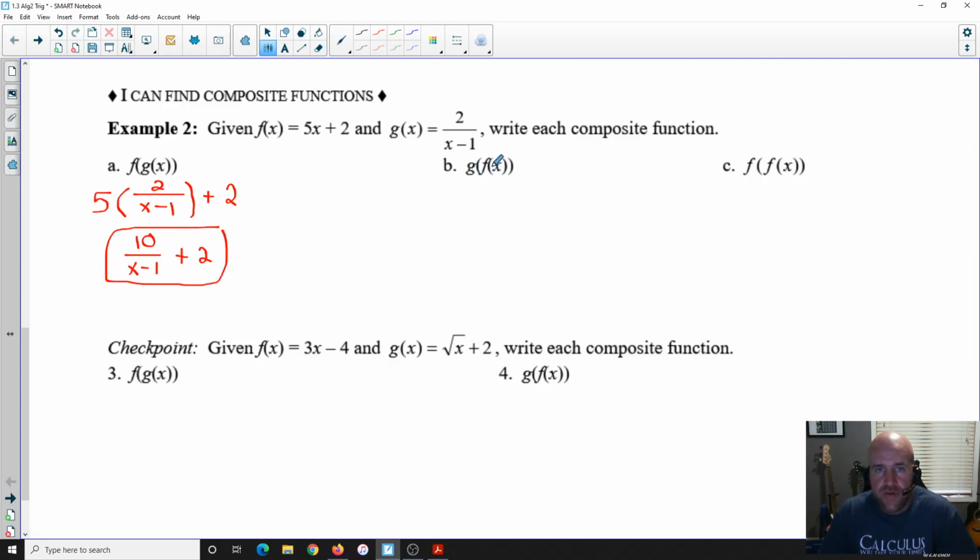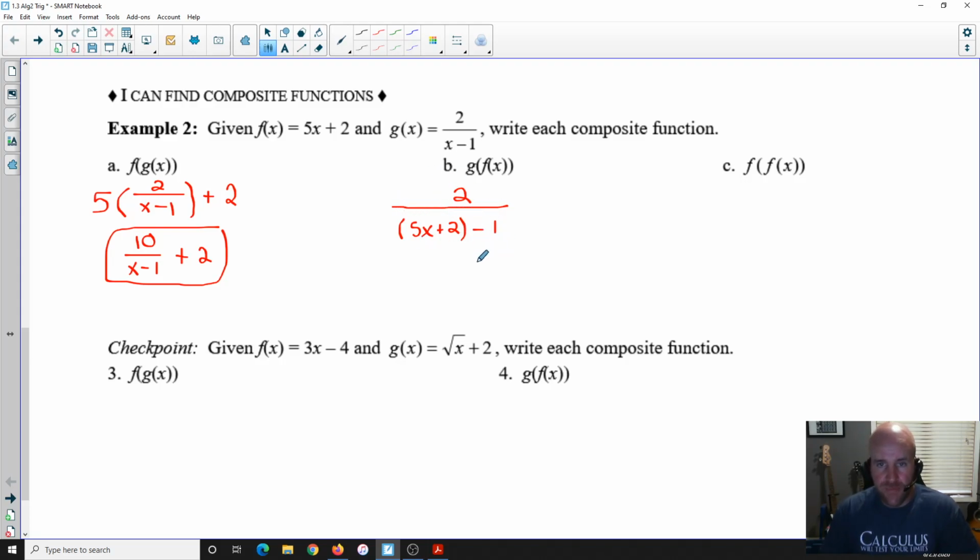Now g of f, so we're going to plug in f inside of g. So we have 2 all over x, which we know is now the f function, minus 1. So that is underneath 2.